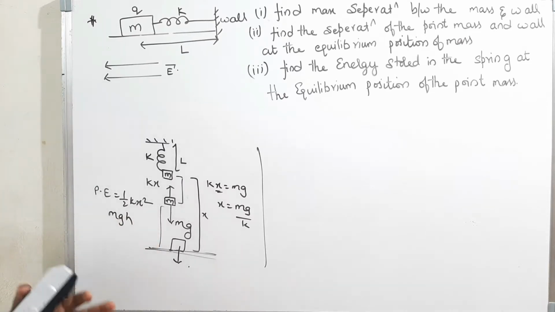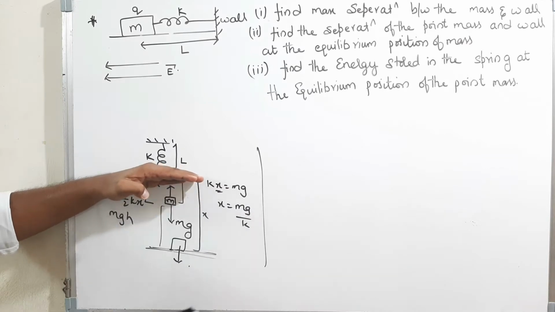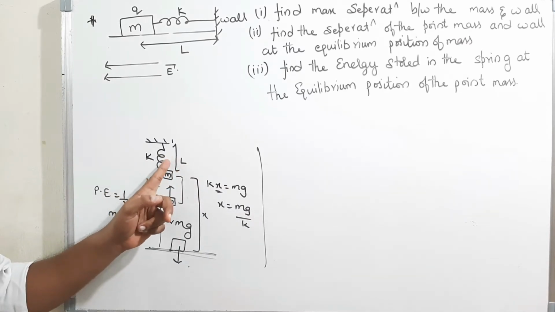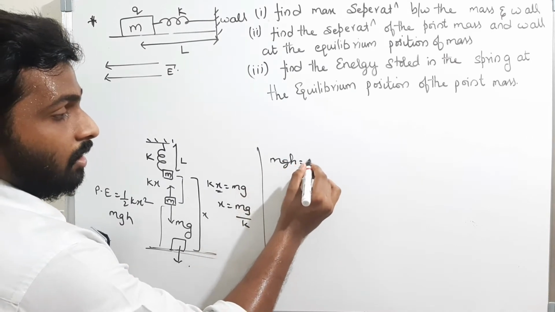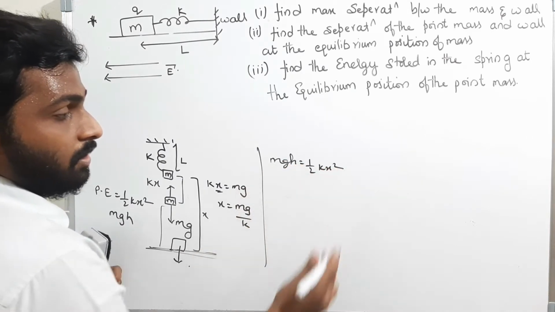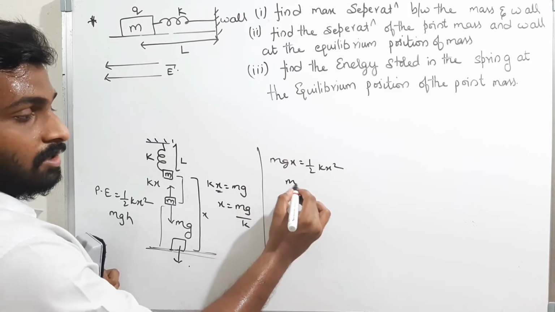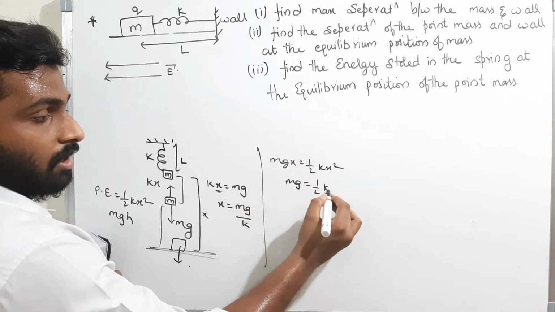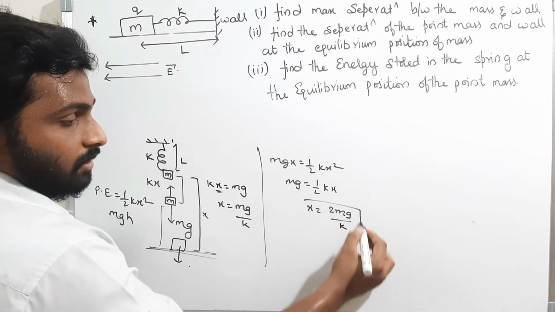Initially the body has some gravitational potential energy, which is converted into the potential energy in the spring. That means mgh is equal to half kx square, where h is nothing but x. Therefore mg is equal to half kx, so x is equal to 2mg by k.